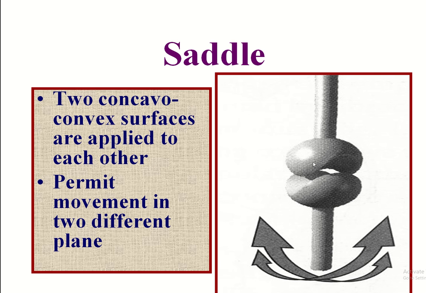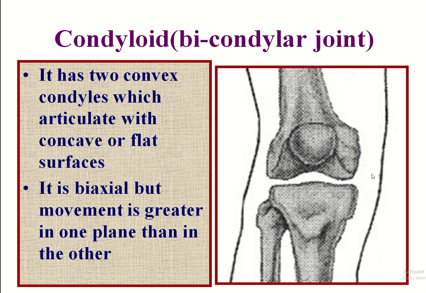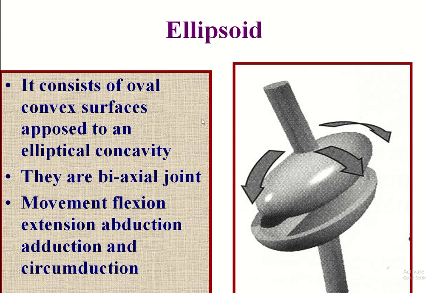The saddle, one articular surface is concavo-convex, another articular surface is concavo-convex, and permits movement in two directions, the biaxial joint. Condyloid, there are two biconvex articular surfaces and corresponding biconcave articular surfaces. And the knee joint is the example of condyloid joint.